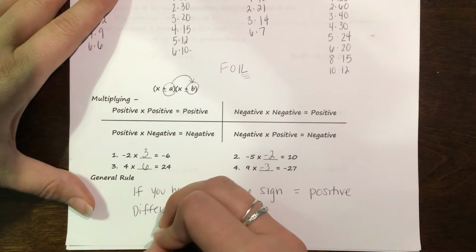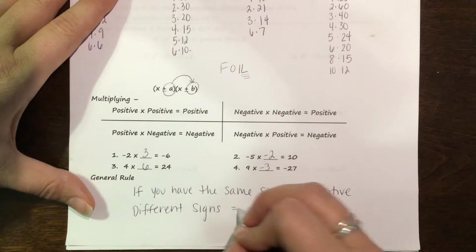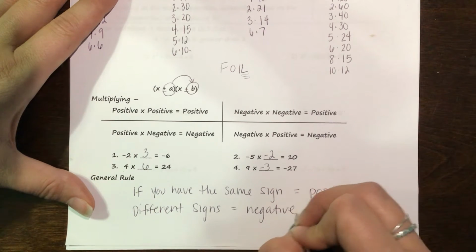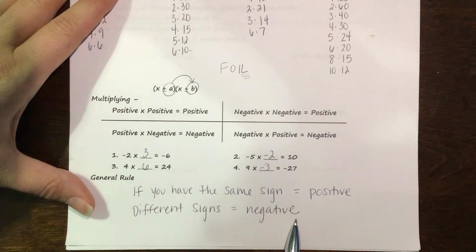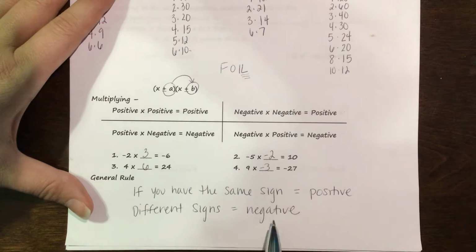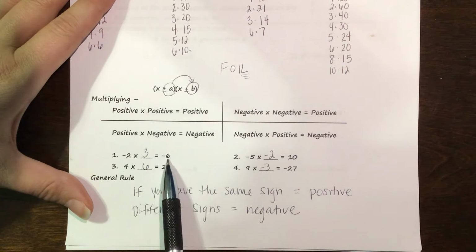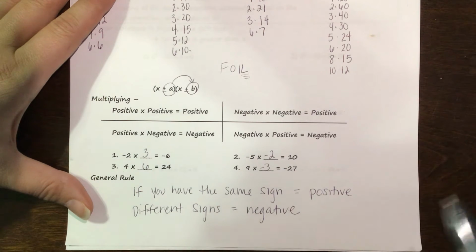Different signs mean negative. Again, we're talking about multiplying, so if we have different signs and we multiply them together, then we get negative. You can see here, negative times a positive gives us a negative. This is really important to understand when it comes to factoring.